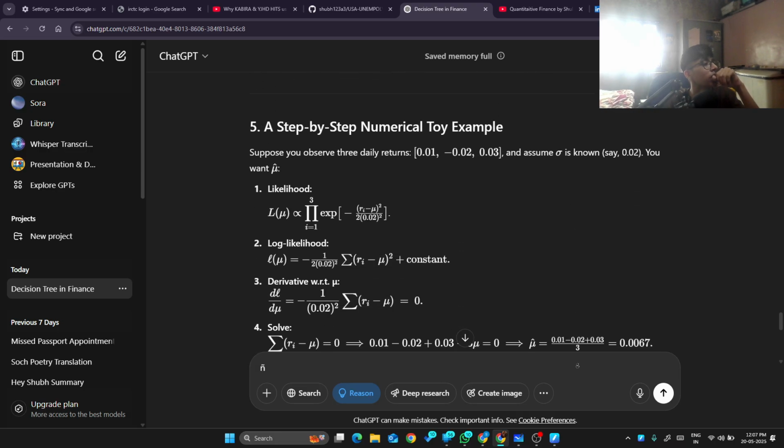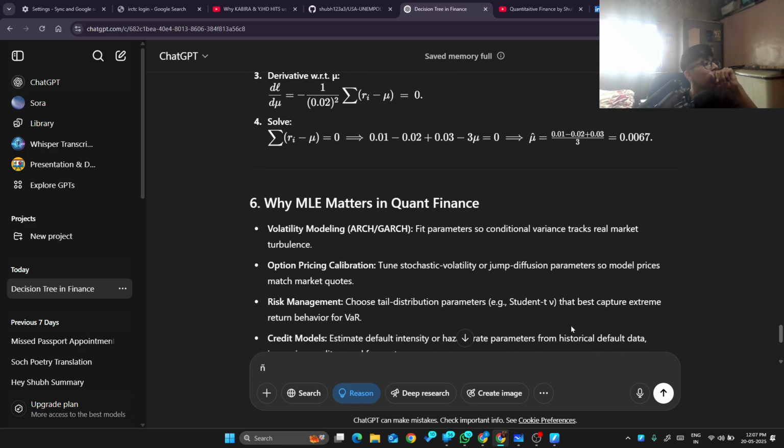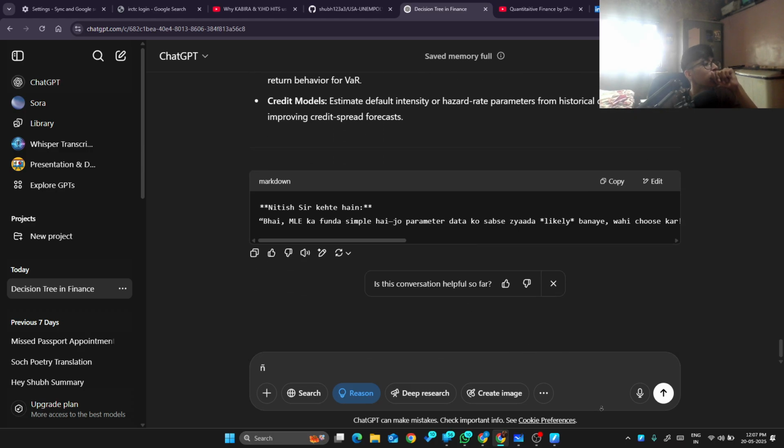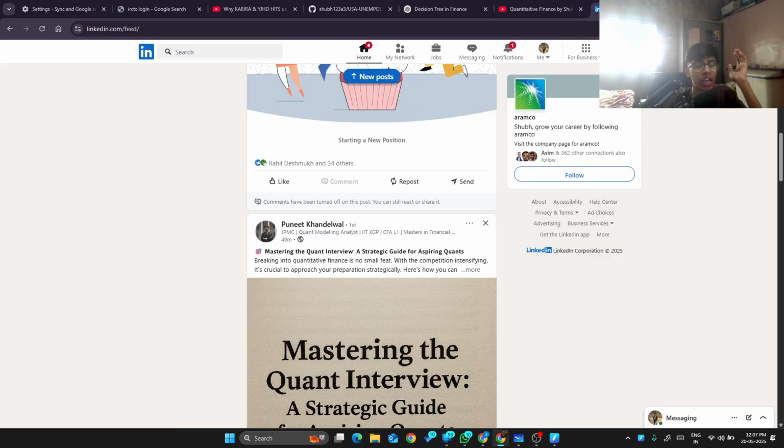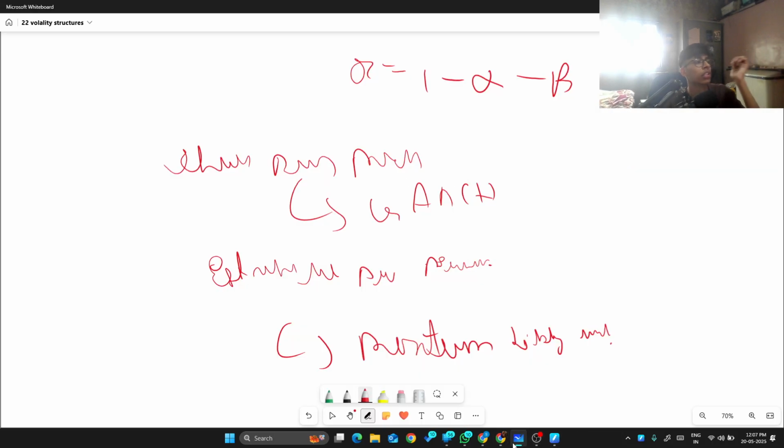That is complex stuff, I don't want to work it out. So you got the idea. We are finding the parameter that gives the most probability of happening. That's the maximum parameter.